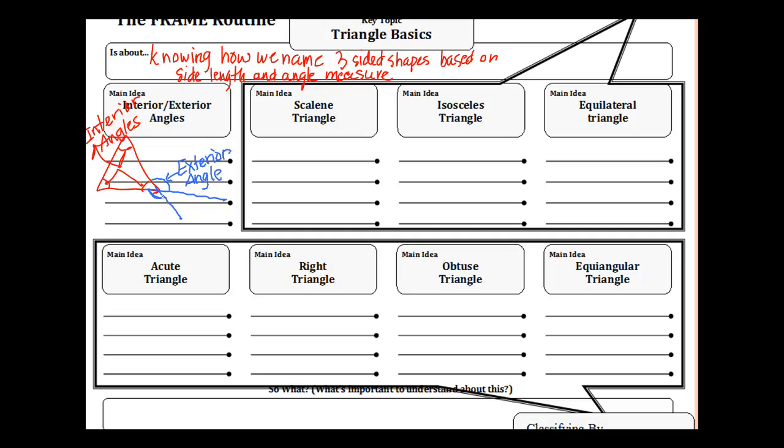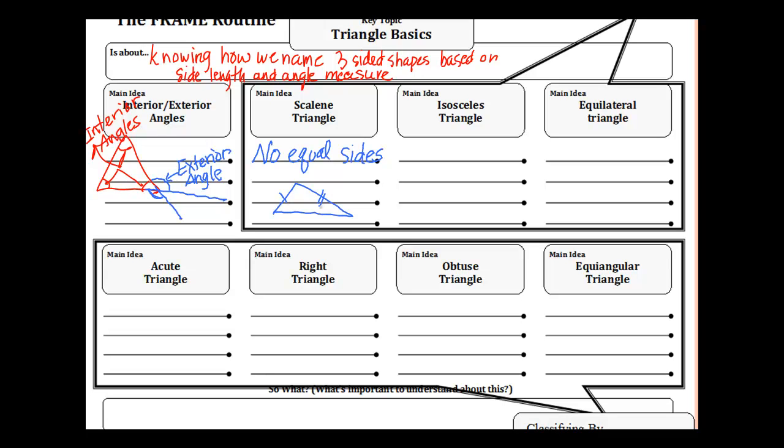So first we're going to classify by side length. Our first classification is by side length. With a scalene triangle, we have no equal sides. An example of a scalene triangle might be something like this.